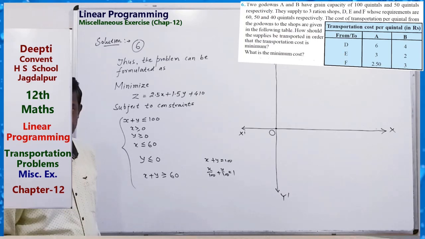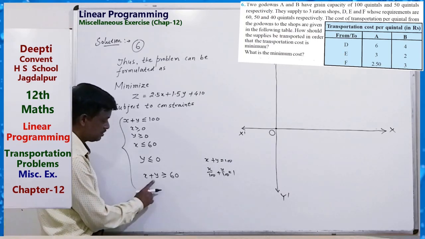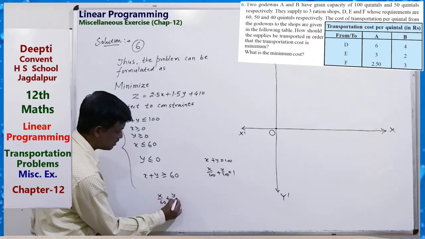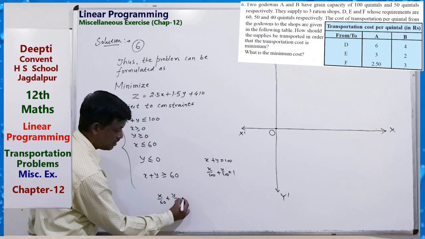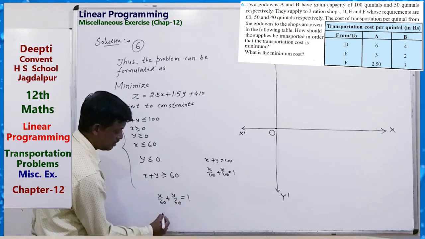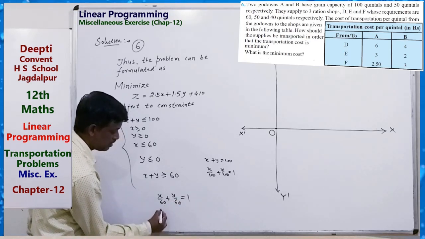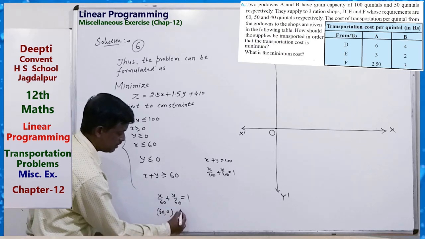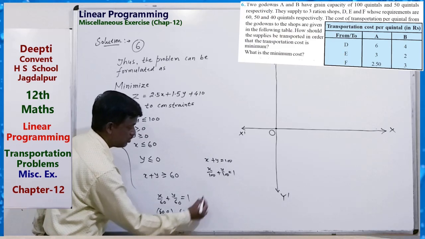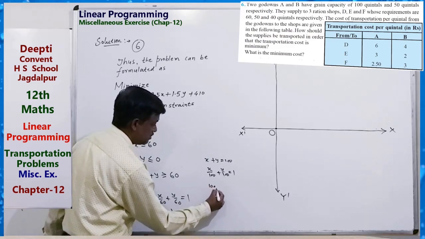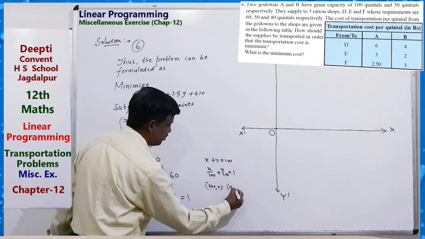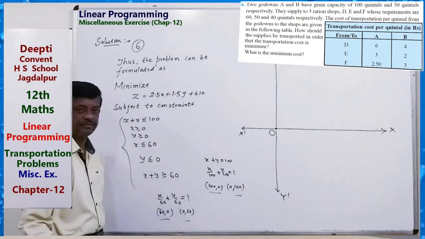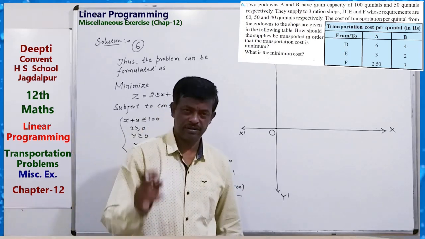Also x by 60 plus y by 60 equals 1, so the points are 60, 0 and 0, 60. These are the points. Just draw the points.